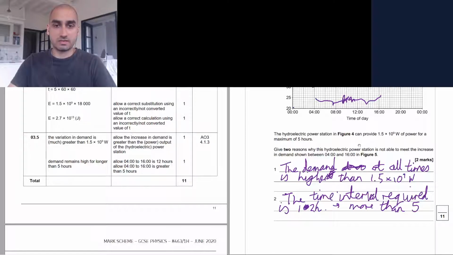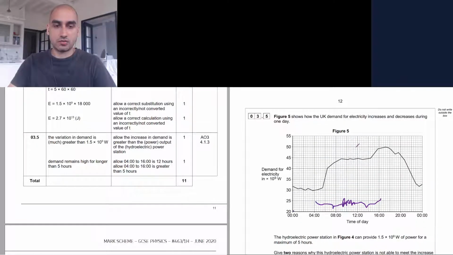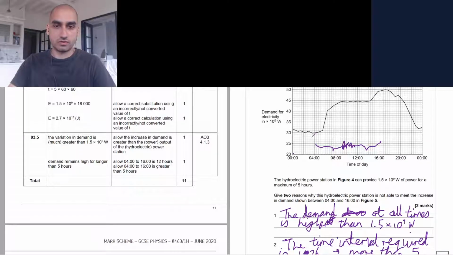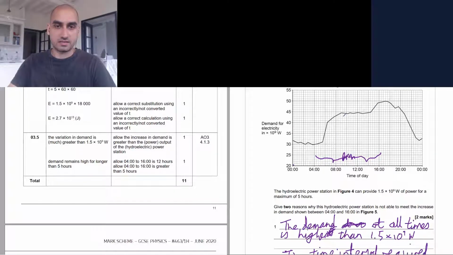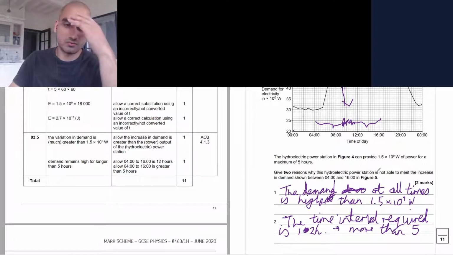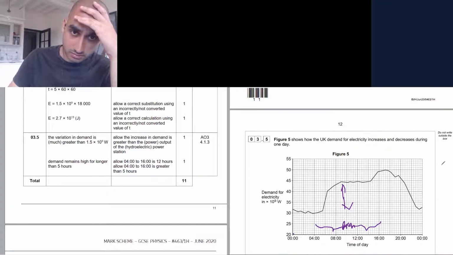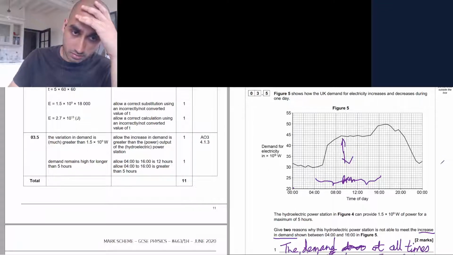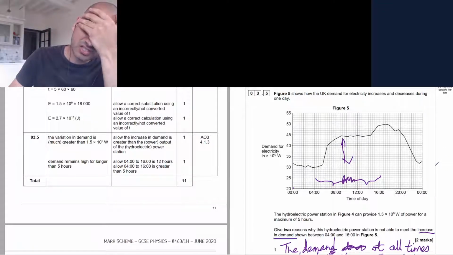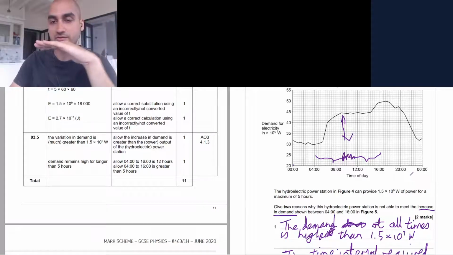The increase in demand is greater than the increase in demand from 4 to... So what, this distance here? I didn't actually say that, but well, I don't understand. Oh, but the question said increase in demand. Oh, I get it now. They're not saying the hydroelectric powers it all day.